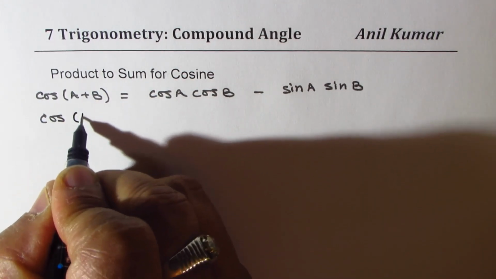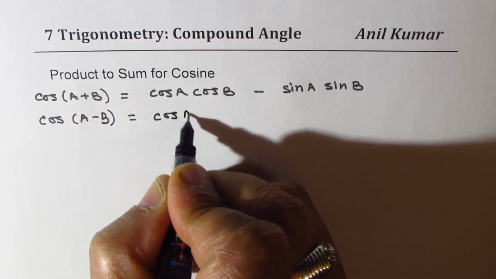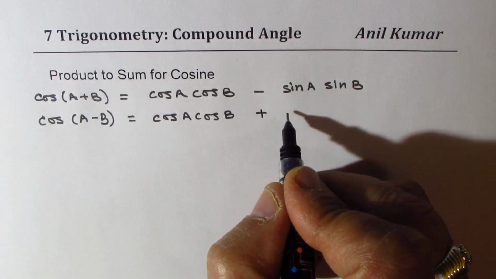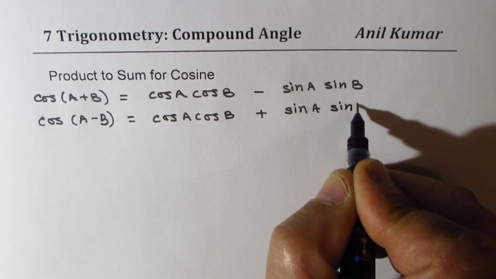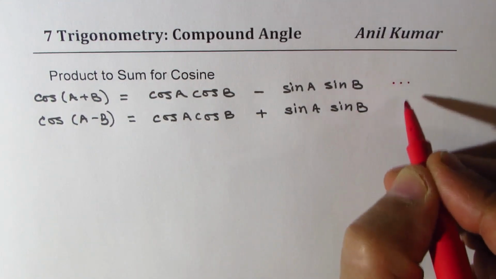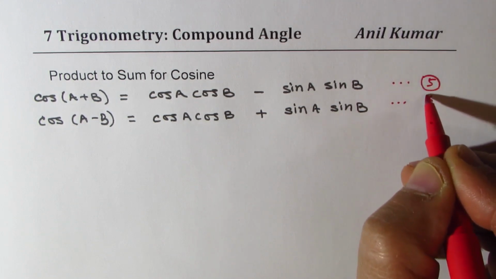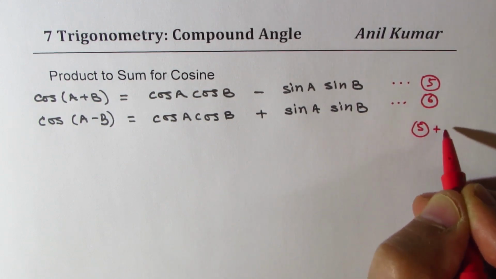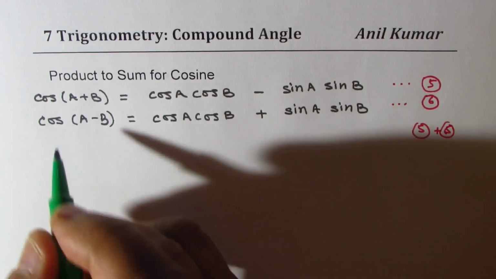And cos of a minus b is their sum, plus sine a sine b. So let's call this equation as, let's say, 5 and 6. In that case, if I add equation 5 and 6, what do I get? Just add them up.